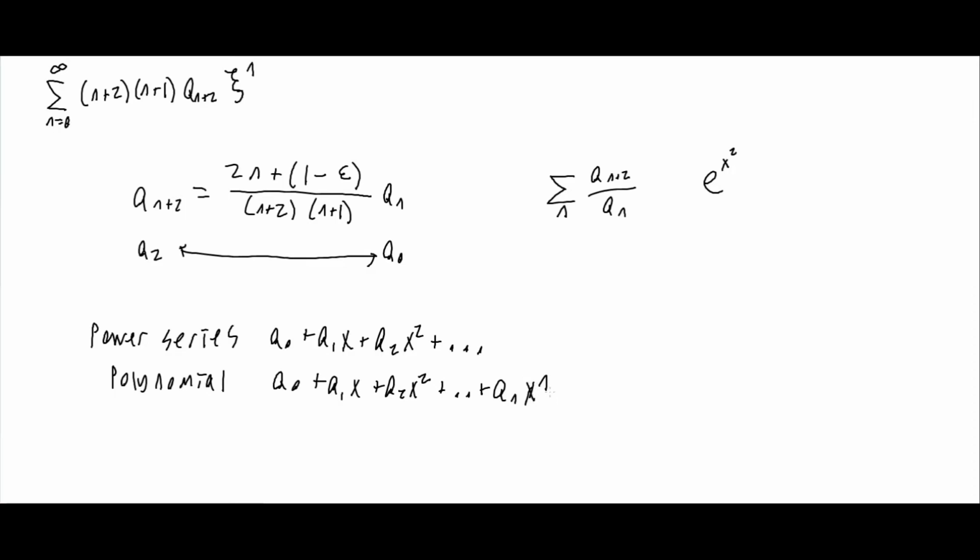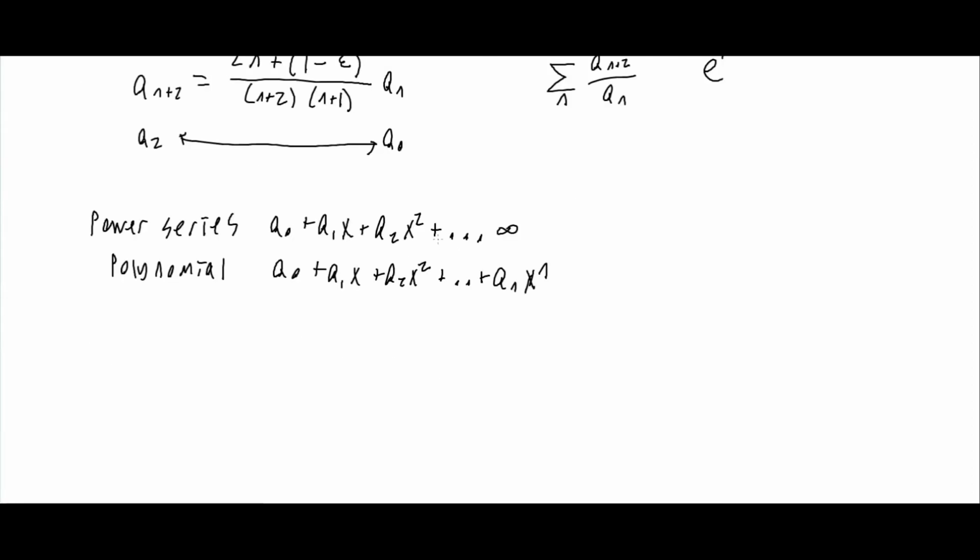So there is no power higher than this, whereas in a power series it goes off to infinity. And so we want this to terminate at some point and become a polynomial.